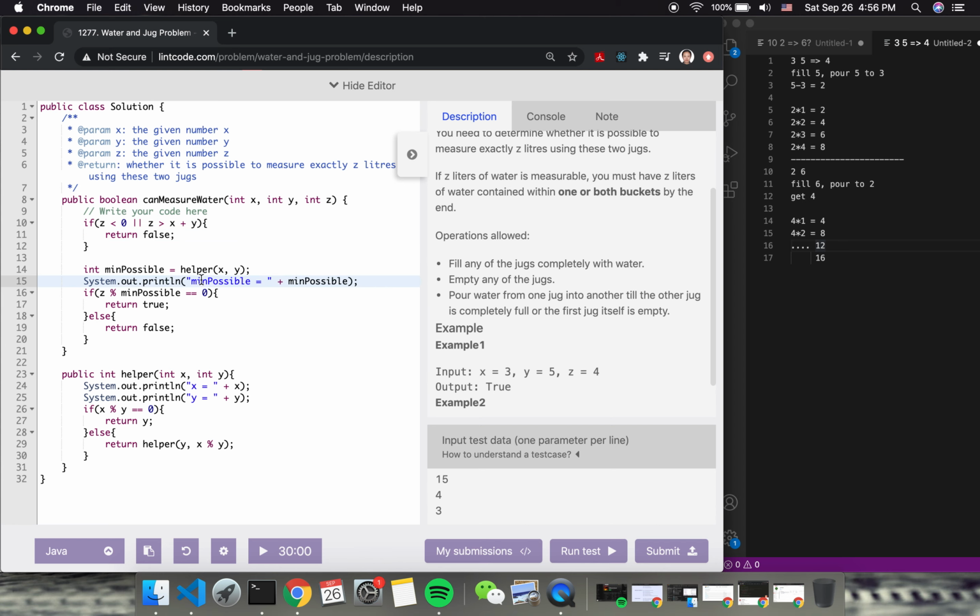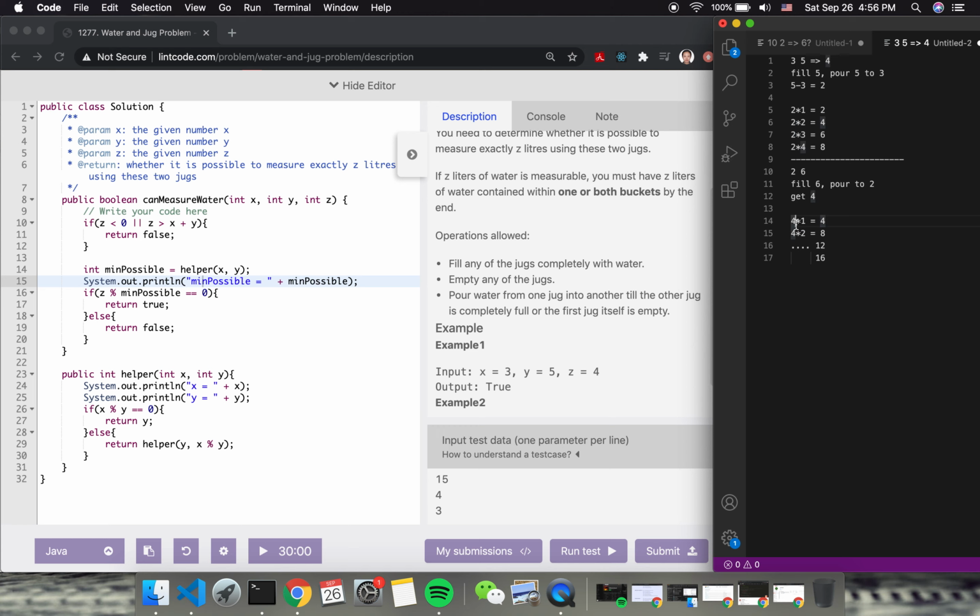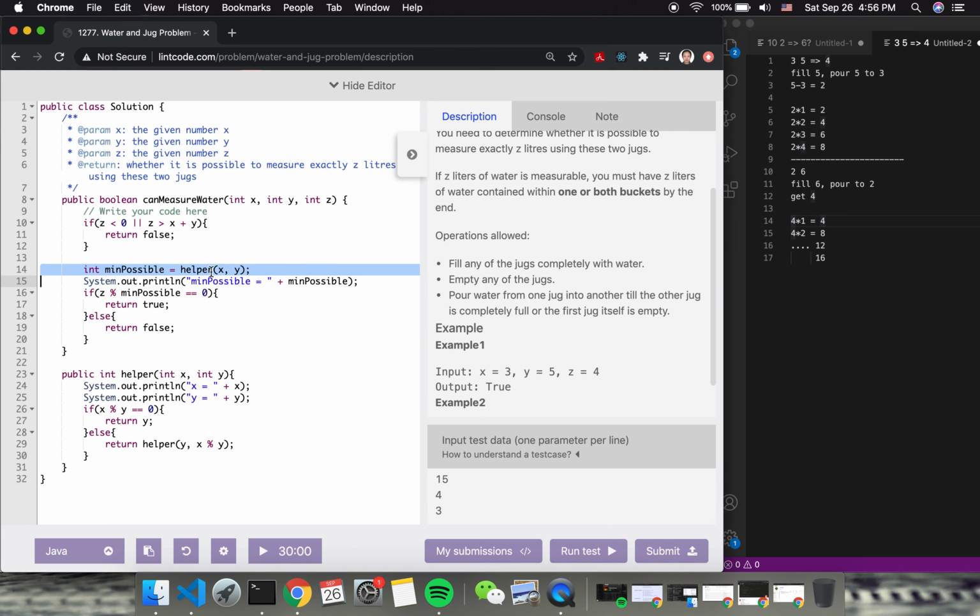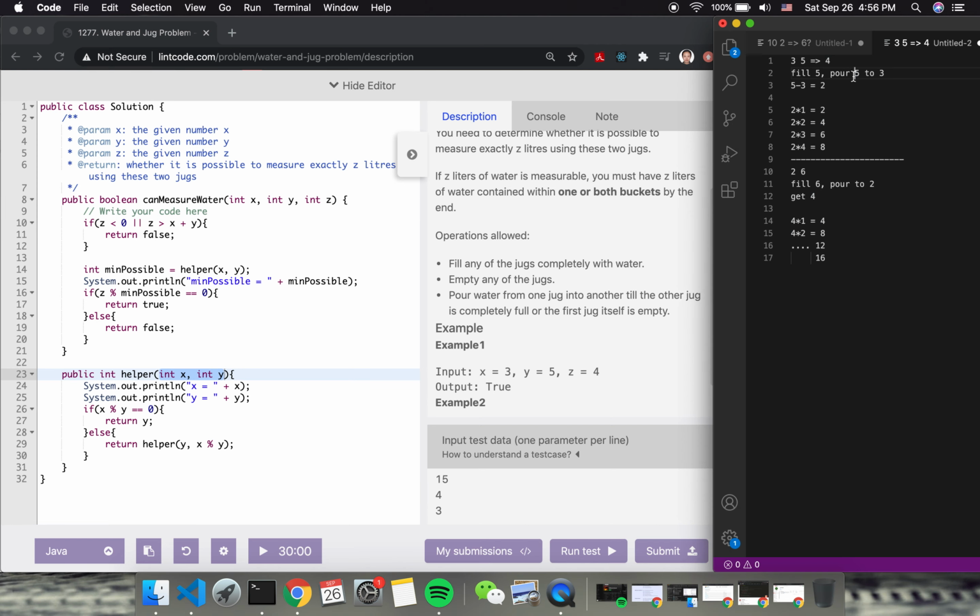Now it's time to get this magic number. We use a helper function to do that for us. Here's an example. Suppose the volumes are 15 and 4, and we want to see if we can get 11.